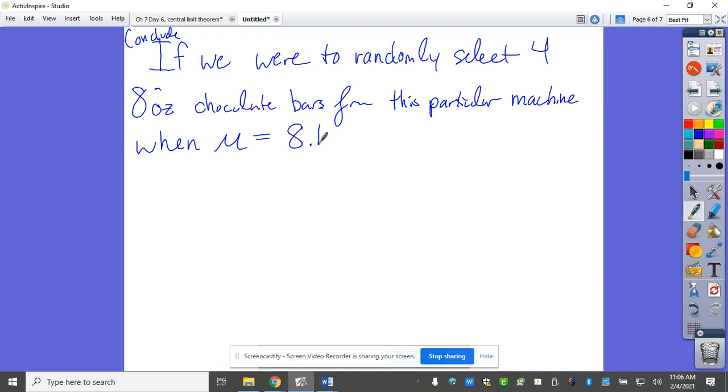Just try to think back up. I need to get another check over there. So what should I write starting right there? Looking at your paper, the next part should be word for word what? That the mean of the 4 candy bars is less than 7.85 ounces. So we're literally going word for word on that part. And then the conclusion is close to 0.